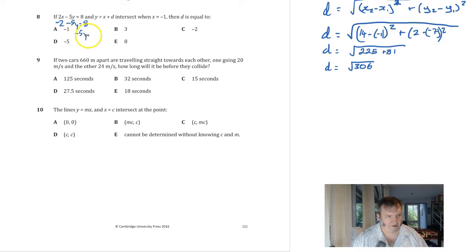I've got negative 5y equals 10, dividing by negative 5, y equals negative 2. So now when x equals negative 1, y should equal negative 2. And I put those numbers into the other equation. Negative 2 would equal negative 1 plus d. If I add 1 to each side, it tells me that d is equal to negative 1.